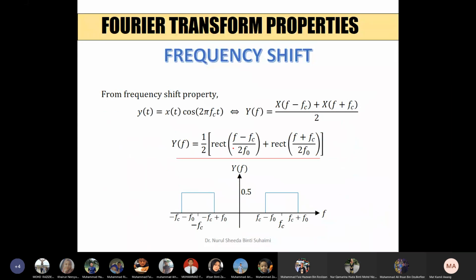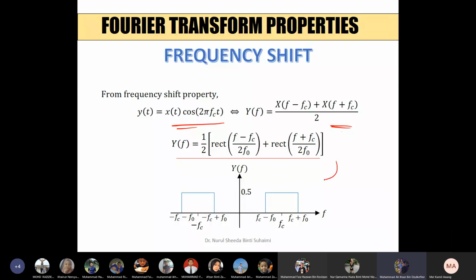From the frequency shift of this, we'll give this. So y of f is equal to half of a rectangle of f minus fc over 2 f naught plus rectangle of f plus fc divided by 2 f naught.